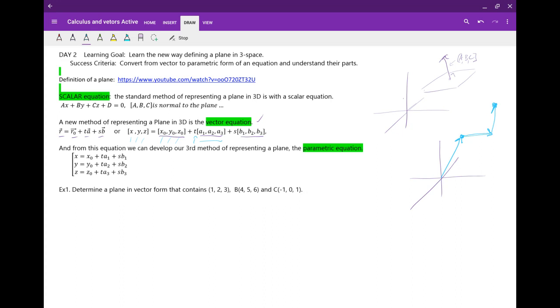Instead of going that distance, we go that distance, and there's another point on the plane, okay? And instead of going that or that, I found another one.